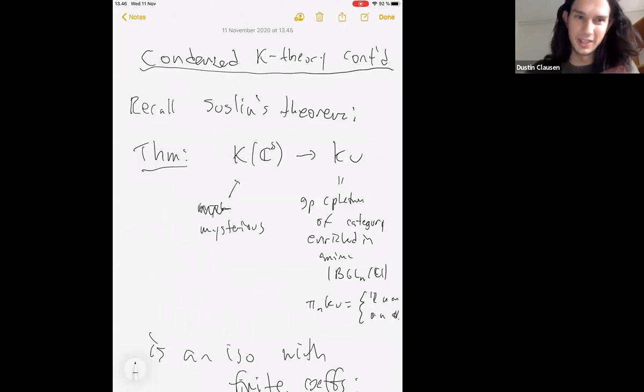But what this shows is that this framework of condensed spectra gives a good way of organizing the arguments. So you don't have to be clever like Suslin was to deduce one from the other with this framework. You just follow your nose. Whereas if you look at what Suslin did, you realize he had to be a little bit clever to make that deduction.